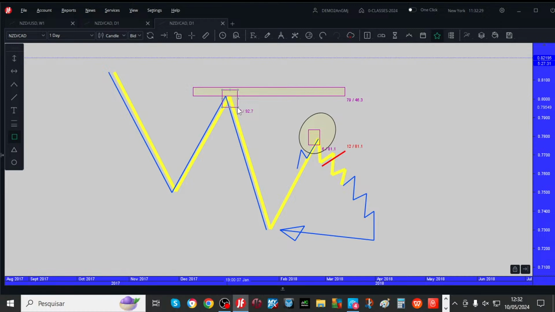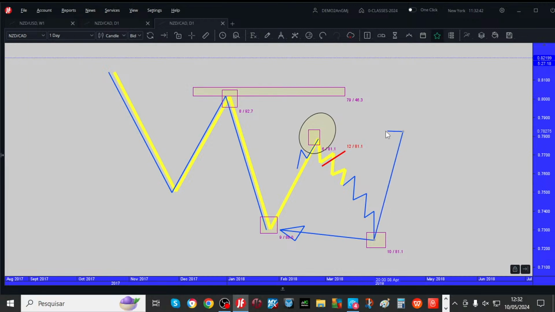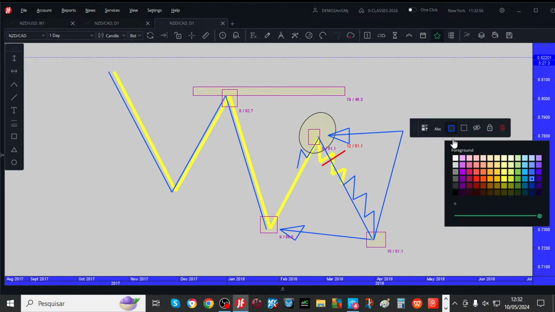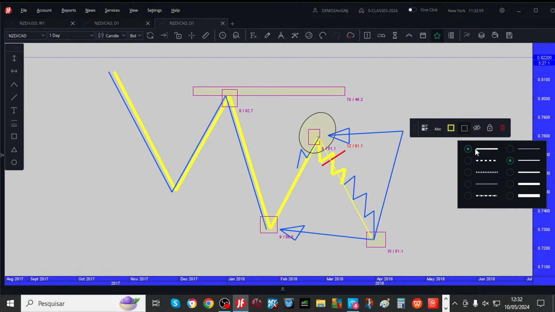So this is the relevant high on the market wave, this is the relevant low on the market wave, and now the market making a new low, only and only then this confirms this high as being the new relevant high. Only and only then you can chart, alright, now this is the new extension leg of the down market wave.